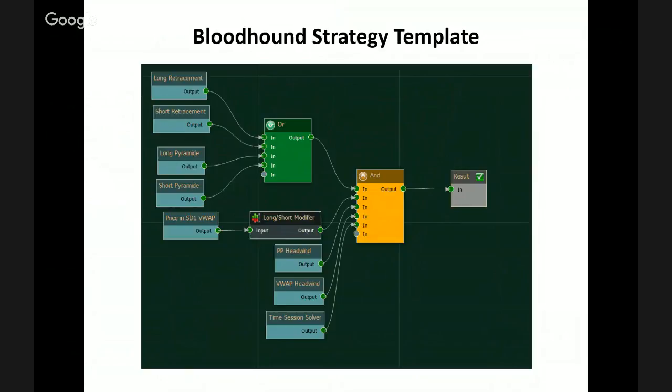And that's what the VWAP and the pivot levels are all about. And then we use the zero lag oscillator to time our entries and to control the risk.